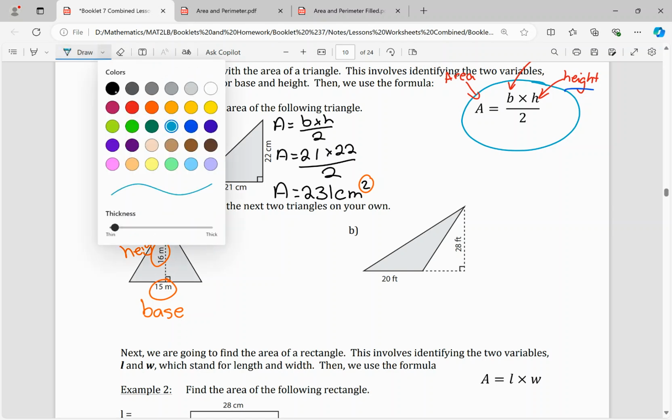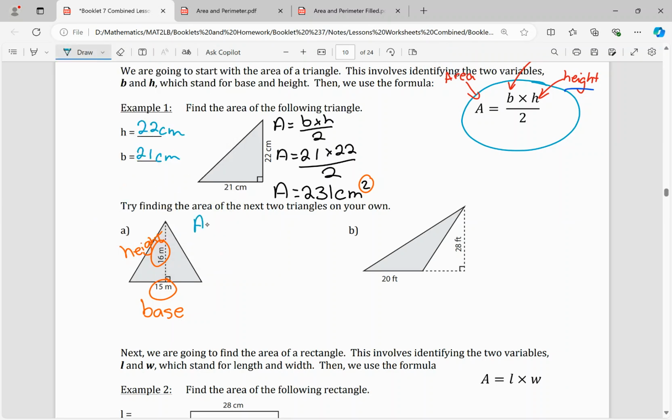So, again, our area, which is base times height divided by 2, is equal to 15 times 16 divided by 2, which in this case is going to be 120 centimeters squared.